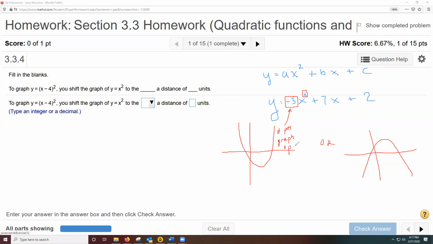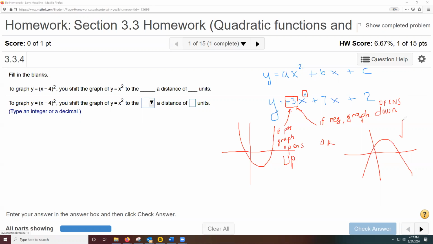But if that number in front of the x squared is negative, then the graph opens down. So if negative, the graph opens down. Well, in my example, the number is negative. It's a negative 3. So because that number is negative, I know the graph for my example is this rightmost graph.